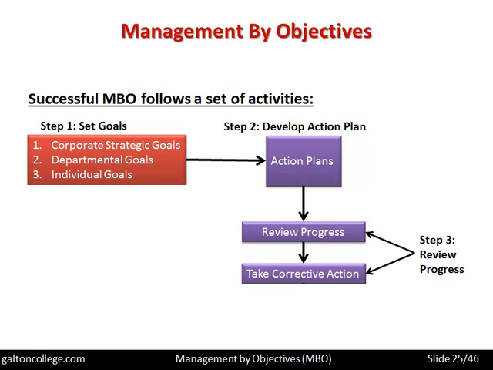If there's any deviation from what's planned, then take corrective action and move back and then review it again. So there should always be reviews and then corrective action if it's required. And of course, that corrective action feeds back to the action plans, where the action plan is updated, and the process starts again, reviewing progress and taking corrective action if required.